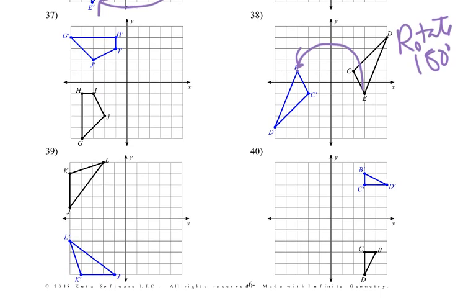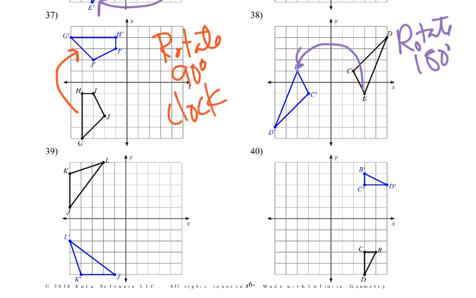Okay, and I think that's all my 180 rotations. So starting here, we rotate this way, and we're only going one quadrant, so we know we're rotating 90 degrees, and it's clockwise. Or you could consider it the counterclockwise and do 270 counterclockwise. Each one works.